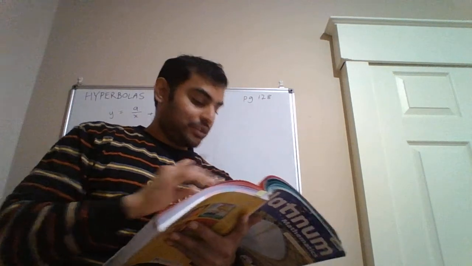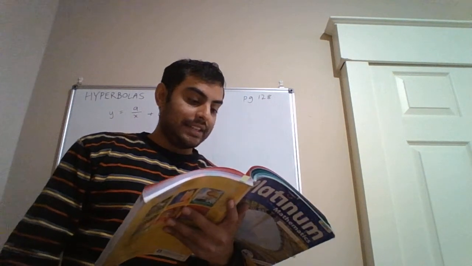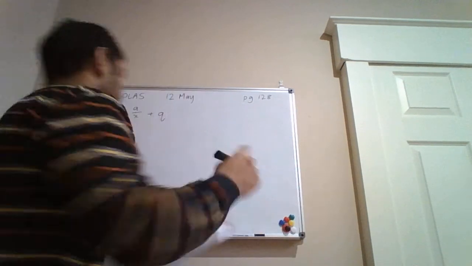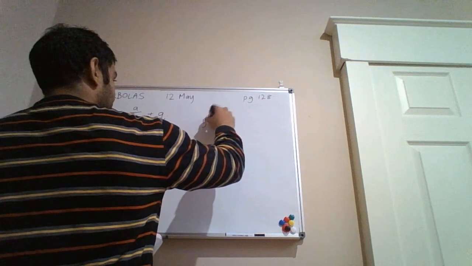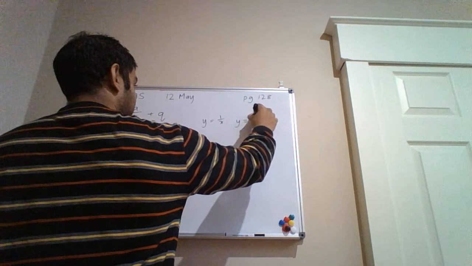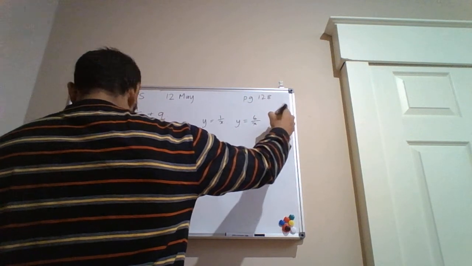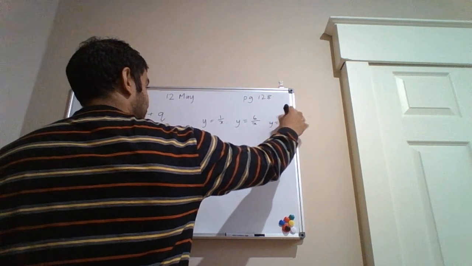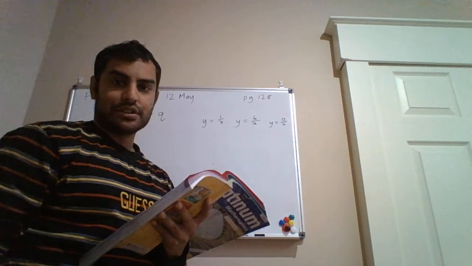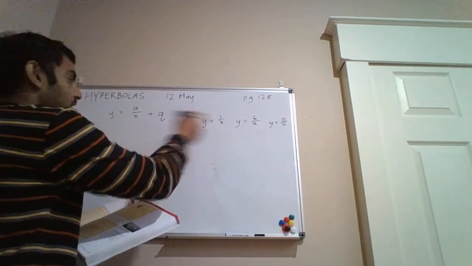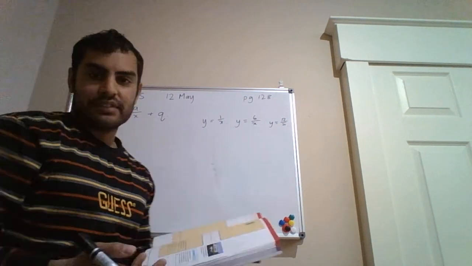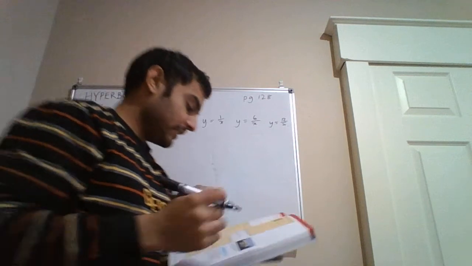For the first worked example on page 128, they are just focusing on the parameter a. So we have our general graph, y equals 1 over x. Next graph, y equals 6 over x. And y equals 12 over x. So we're making a bigger in each case. We're just leaving q in each of these graphs as 0. y equals 1 over x plus 0, q equals 0.